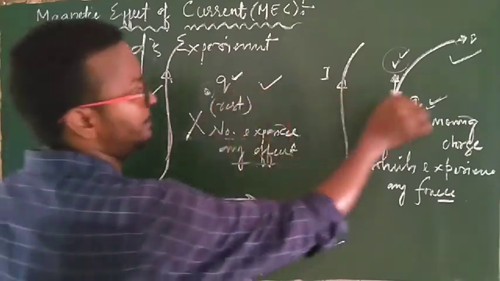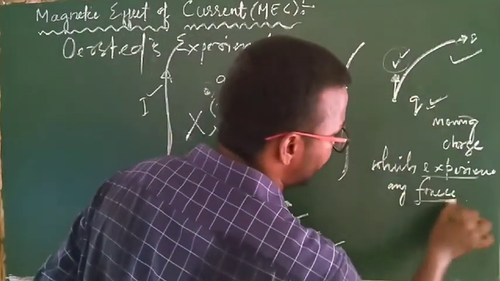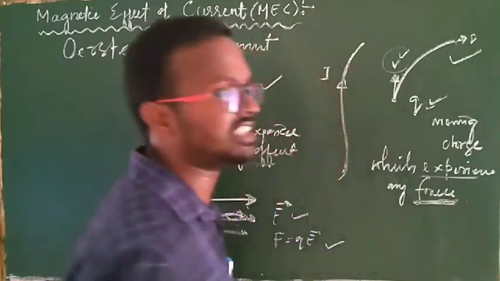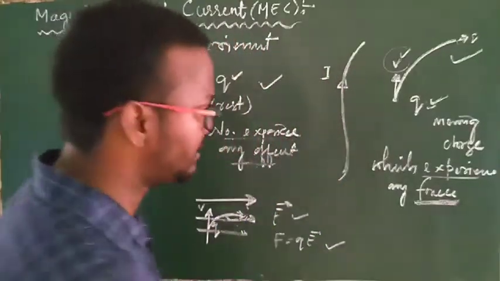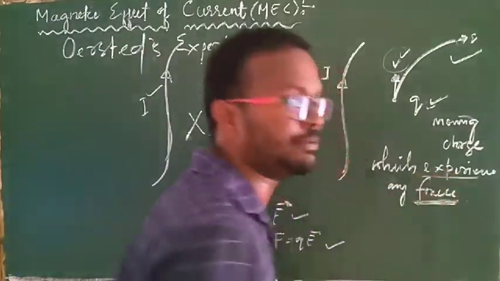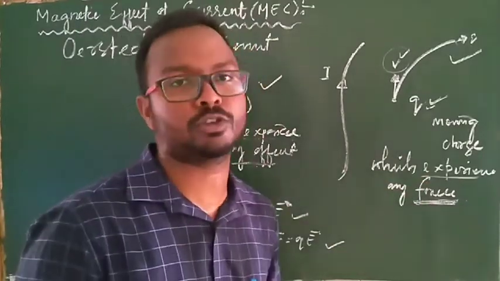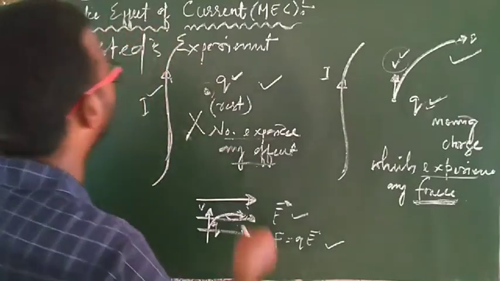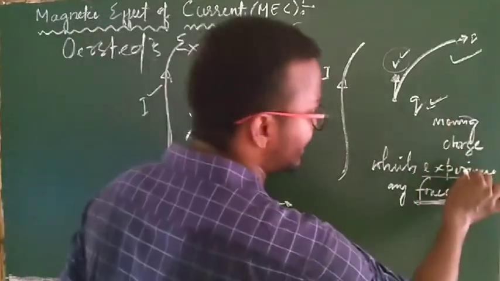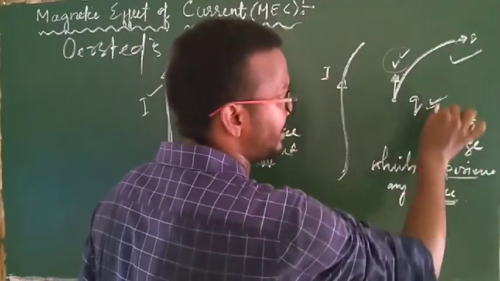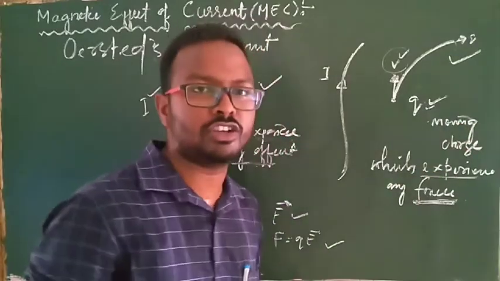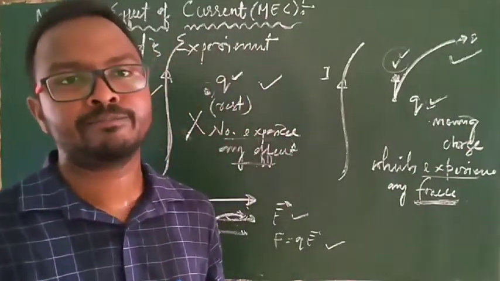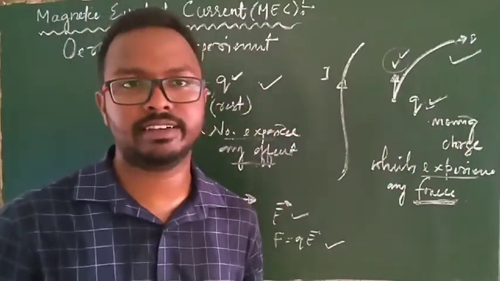So this force is not electrical force, or not electrostatic force. This is another type of force, and that force is known as magnetic force. That effect which is experienced by a moving charge is known as magnetic effect, which is not electrostatic effect.